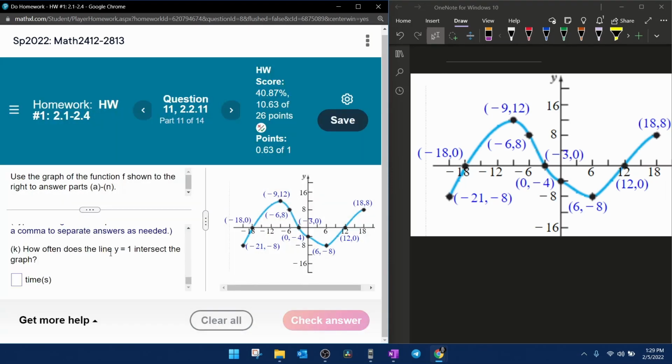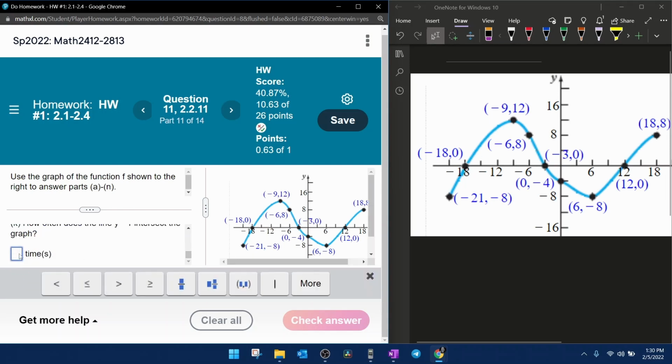How often does the line y equal 1 intersect the graph? Well, if I go to where y is 1, knowing that y equals 1 is a horizontal line, that's going to cross 1, 2, 3 times. Y equals 1 will intersect the graph 3 times.